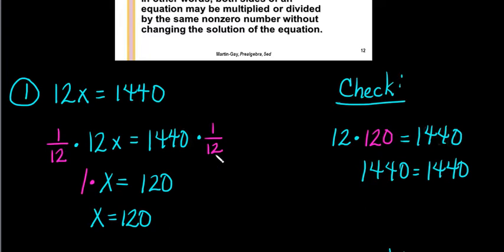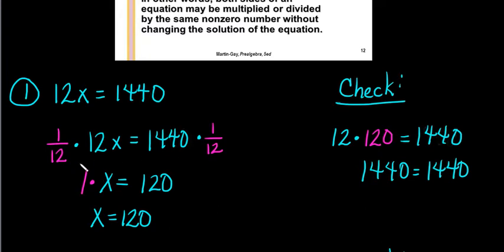And yes, I'm writing it like a fraction, but you can also show it as division if you want to. This is the same thing as 12 divided by 12, and 1,440 divided by 12. You could write it both ways, and you'll see why I'm writing it this way when we get actual fractions. It's easier to see it this way.